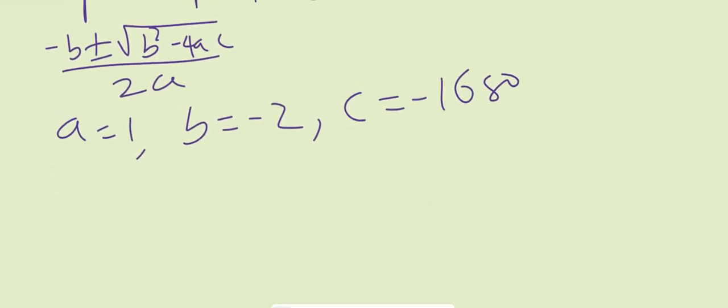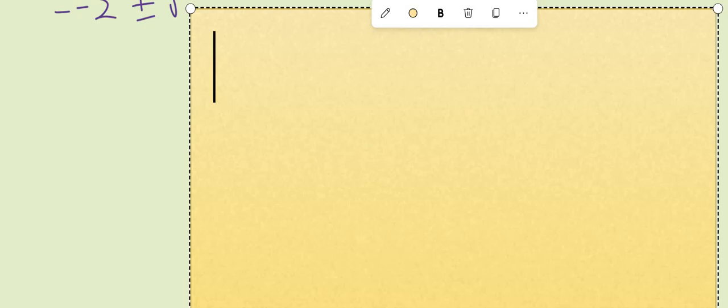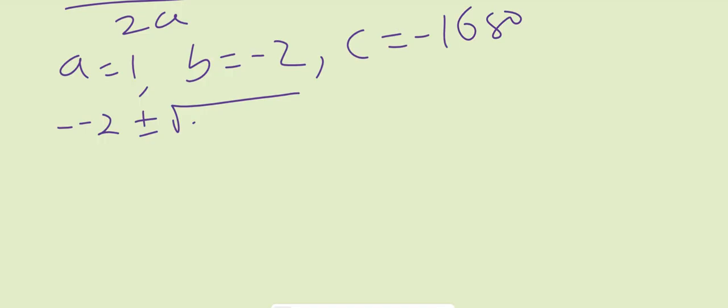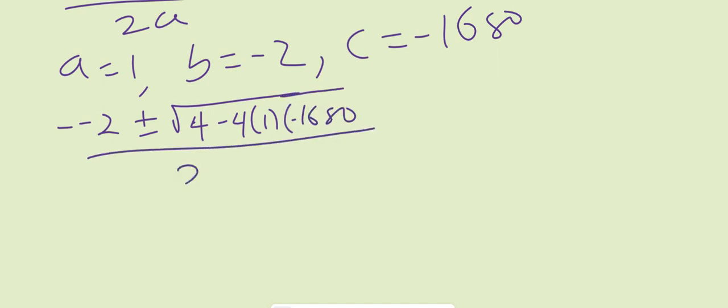So I have minus negative 2 plus or minus the square root of negative 2 squared, that gives 4, minus 4, a is 1 and c is minus 1680, over 2 multiplied by a, which is 1.